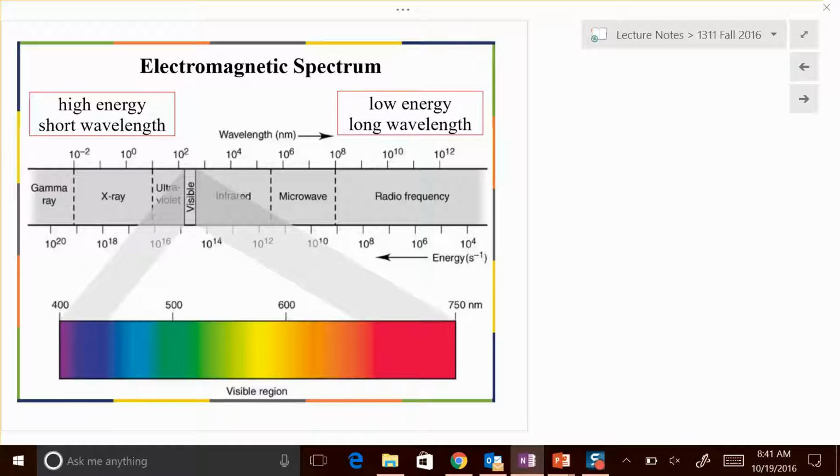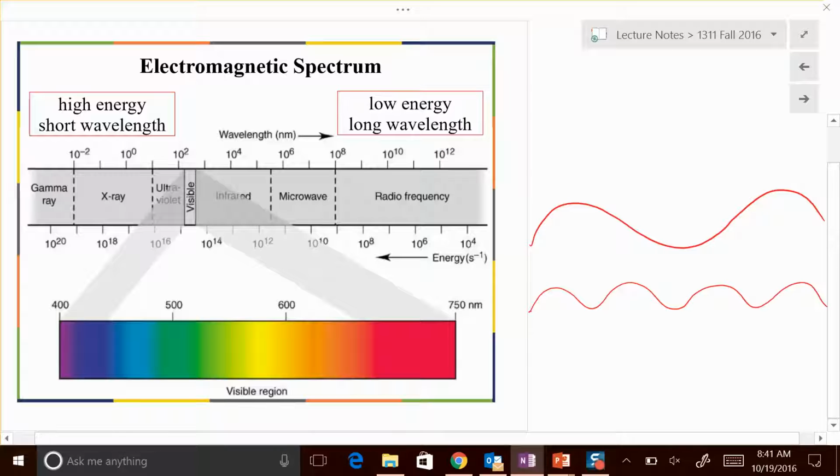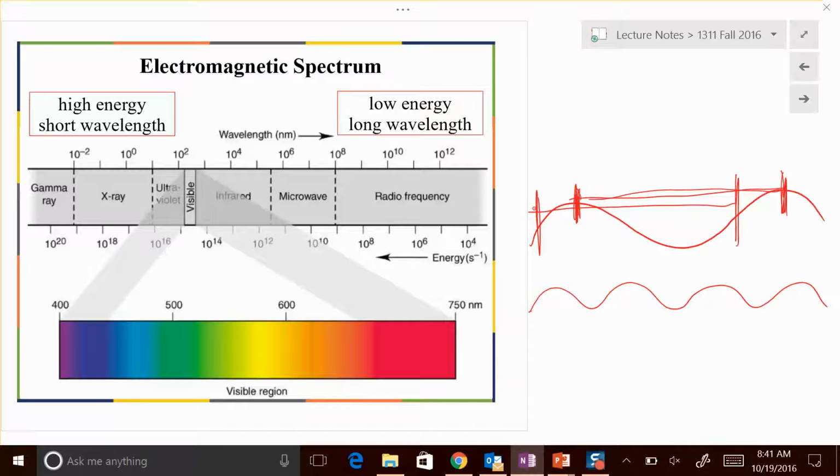That's because when we talk about a wave, the wavelength is measured between two points on the wave that are the same. If I come to this point and this point, that's the wavelength, or this point and this point, that's the wavelength. It doesn't matter, it's the same length. This wavelength is smaller than this one.